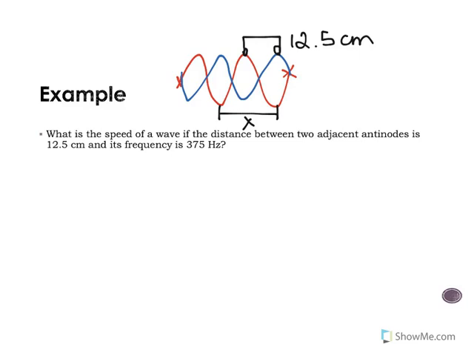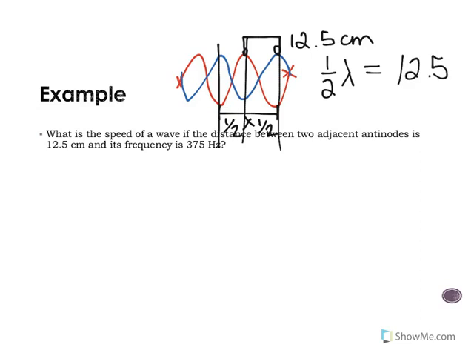So if we were to split this up in antinodes, we would end up having to split up the wavelength in halves. So half of the actual wavelength is equal to 12.5. If we times 12.5 by 2, we're going to get 25 centimeters.